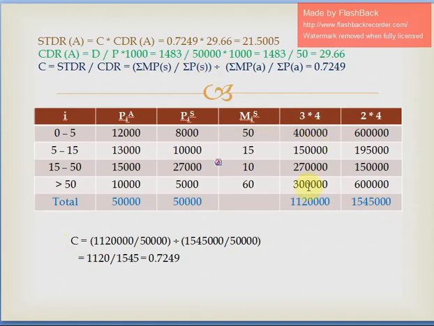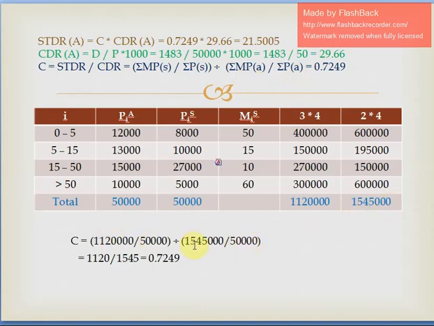To calculate the value of C, this value should be divided by the summation of PIS, that is 50,000. So 1120000 divided by 50,000 is 1120. And the next is MIS PIA divided by summation PIA, so 1545000 divided by 50000 is 1545.